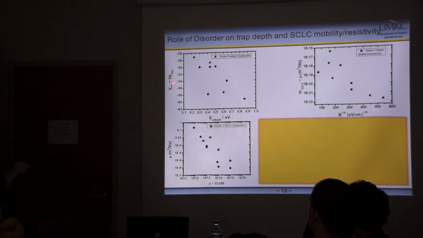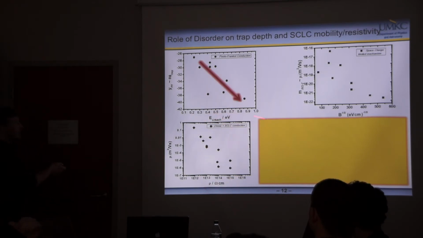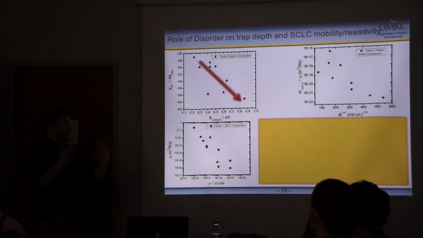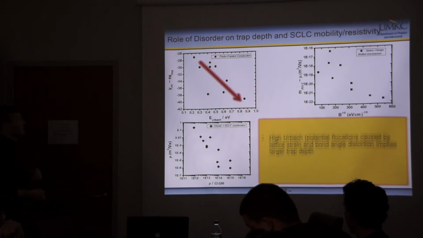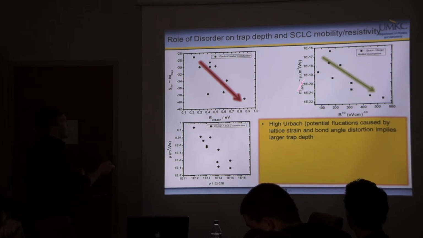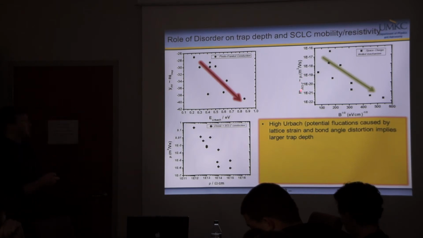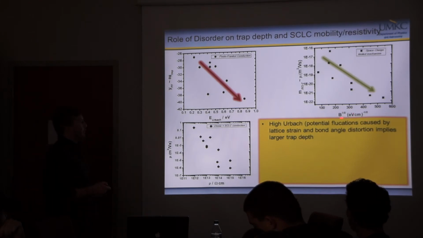So we see a few correlations based on those UV-vis properties. The y-intercept of the Poole-Frankel, which is related again to the energy depth of those wells, as a function of Urbach energy: as we increase that Urbach energy, that strain or stress in the network, in fact we're increasing the trap density. And if you look at the slope of the space charge limited, which is related to the mobility, as a function of the tau slope parameter, as this increases, the overall disorder increases.